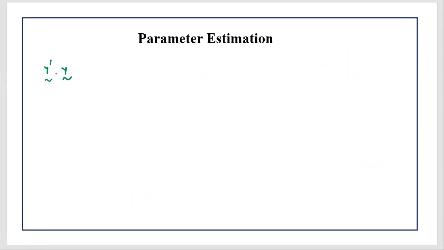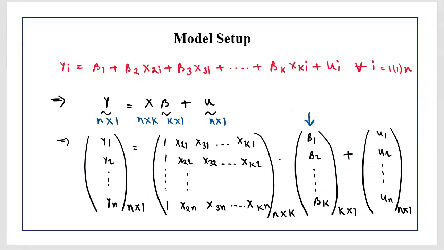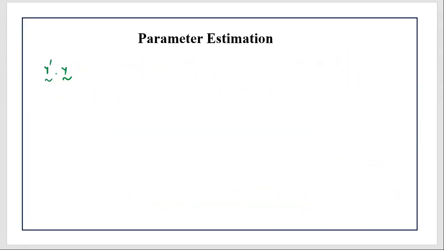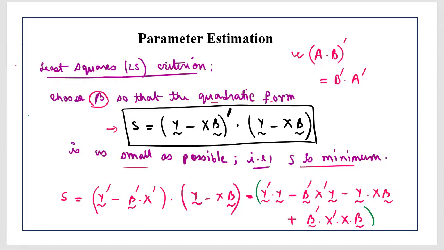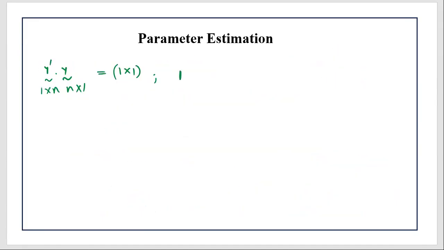If you remember, the dimension of y is n cross 1, so the dimension of its transpose is 1 cross n. So the dimension of this product is simply 1 cross 1. It will be a scalar quantity, right? Now see the second term, beta curl transpose, then you have x prime y.